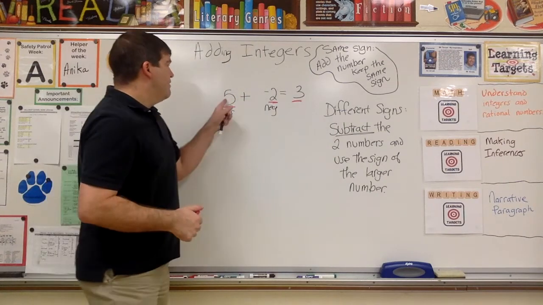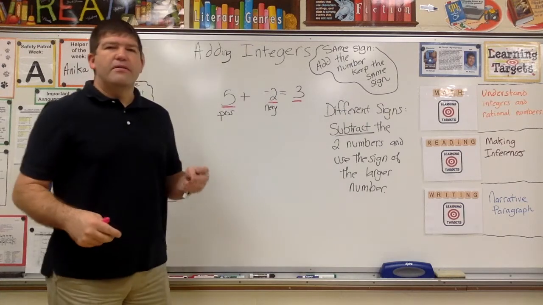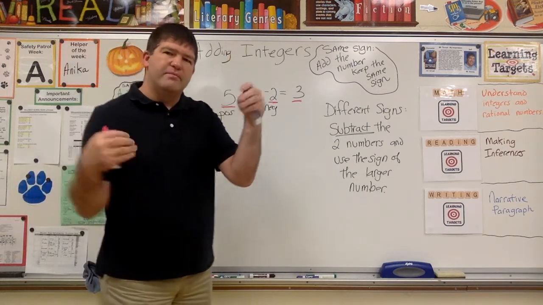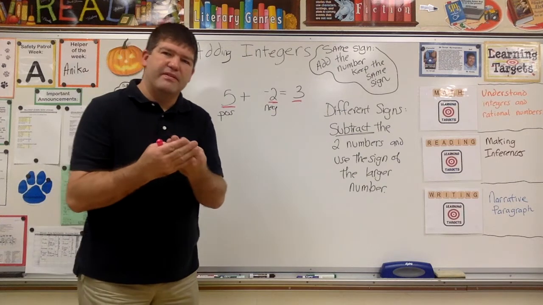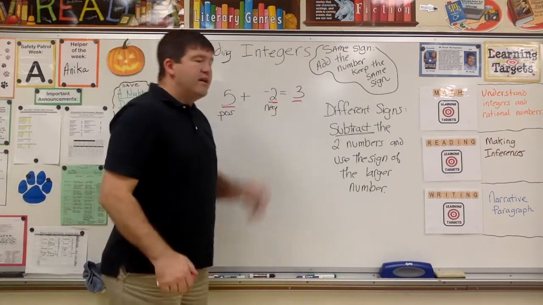It doesn't matter which way it is; you're always going to take the bigger number and subtract the smaller to see what you have left. So I took this 5, took away 2, and got 3.